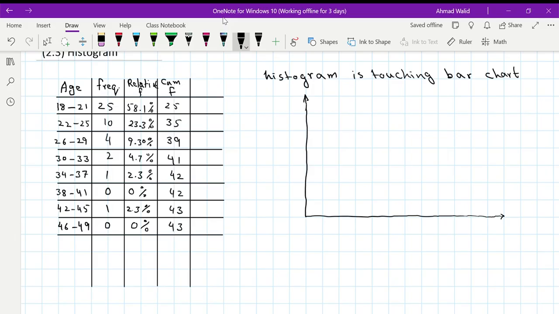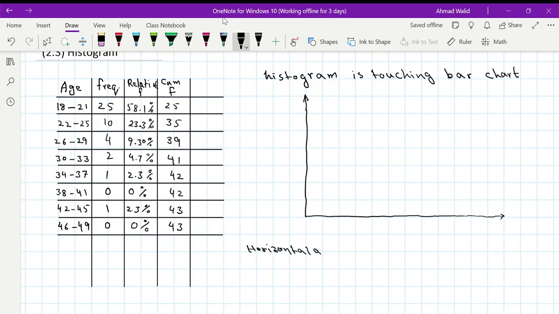Now, how to bring this data to this chart or to create a histogram? Some easy notes. In your horizontal axis, correct?